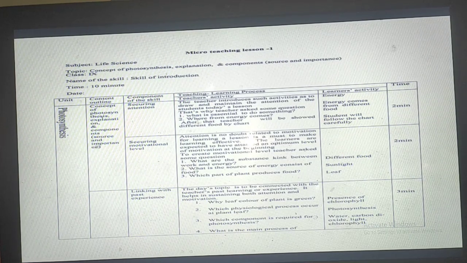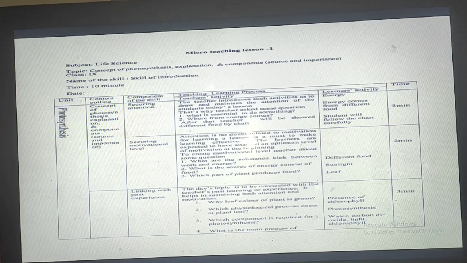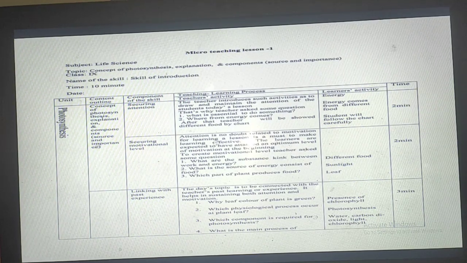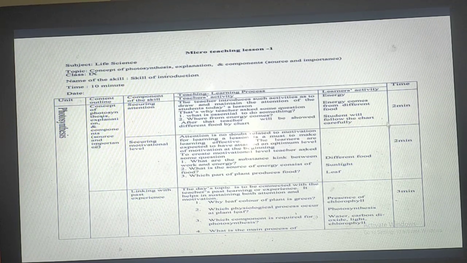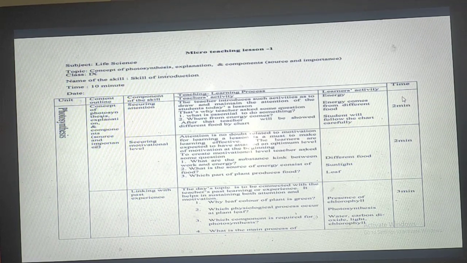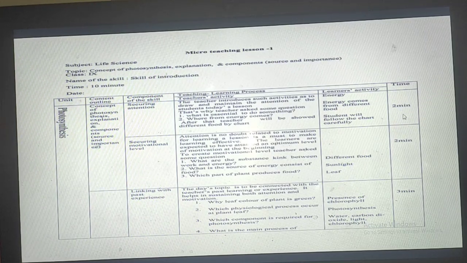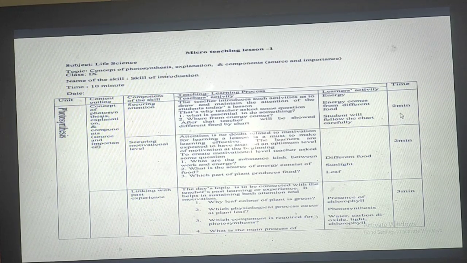Securing attention: here put some questions to secure the attention of the students. Then securing the motivational level: here also put some questions to increase their motivational level. And for every skill you should mention the time, how much time you have taken for a particular component. I just mentioned 2 minutes.